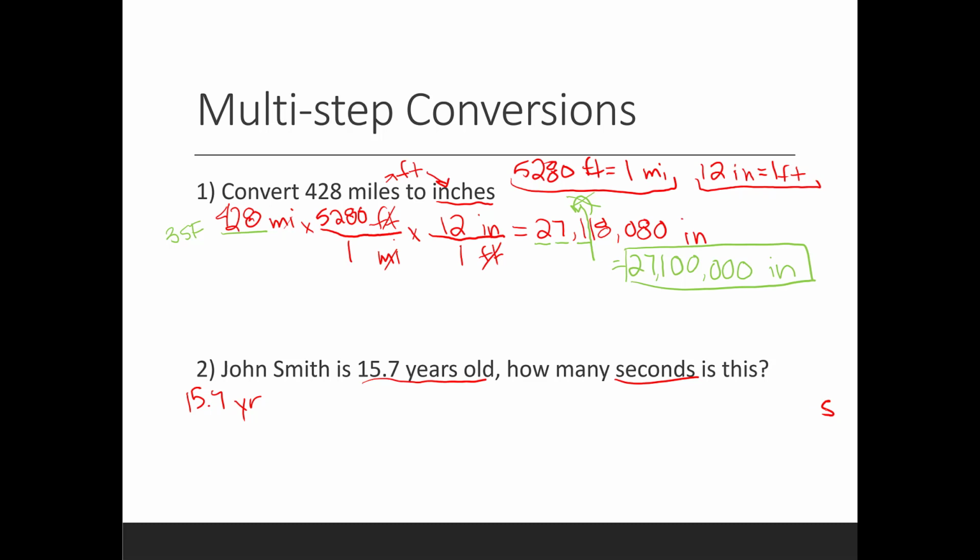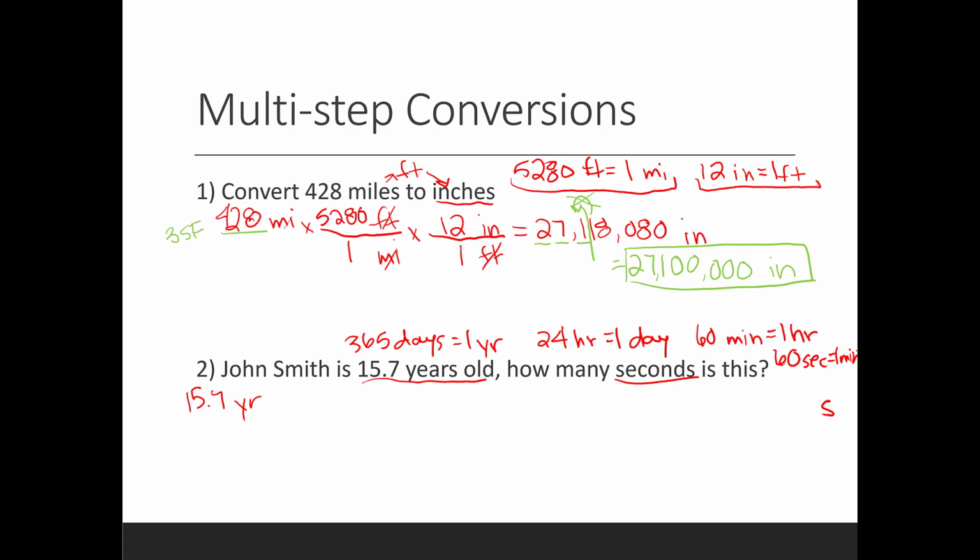But I don't know about you guys. I do not know how many seconds there are in a year. I know a lot of other time-based units, like I know that there are 365 days in 1 year, and I know that there are 24 hours in 1 day, and I know that there are 60 minutes in 1 hour, and lastly, I know that there are 60 seconds in 1 minute.